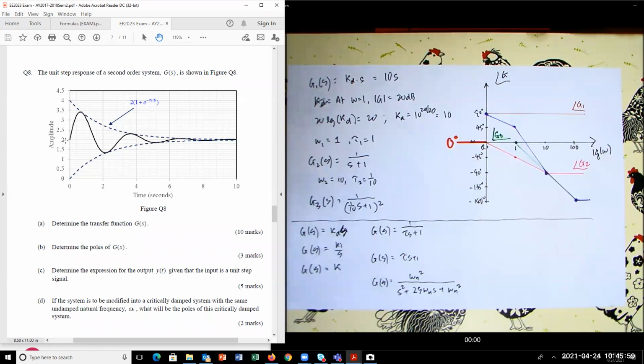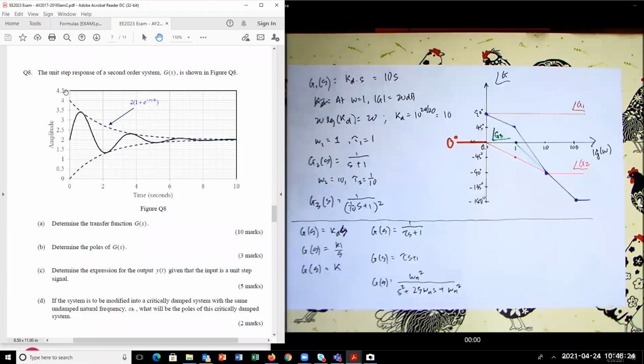If you take one cycle, from this point here to this point here, you can see that one cycle is 3 seconds. So that means you know TD. If you know TD, you know FD. If you know FD, you know omega D.